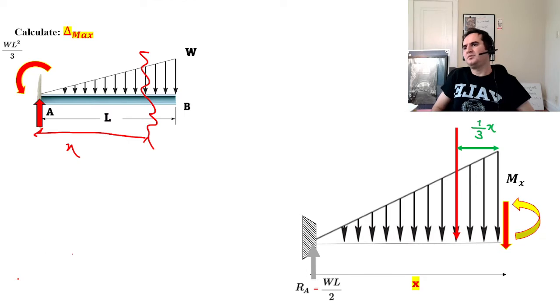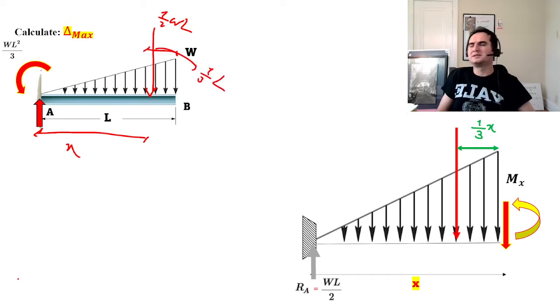At the same time, for such loading, you can convert it to a concentrated load of half WL at the location of a 1/3 of L. The moment at the fixed end is WL squared over 3, and RA is definitely a half WL. So RA is WL over 2.